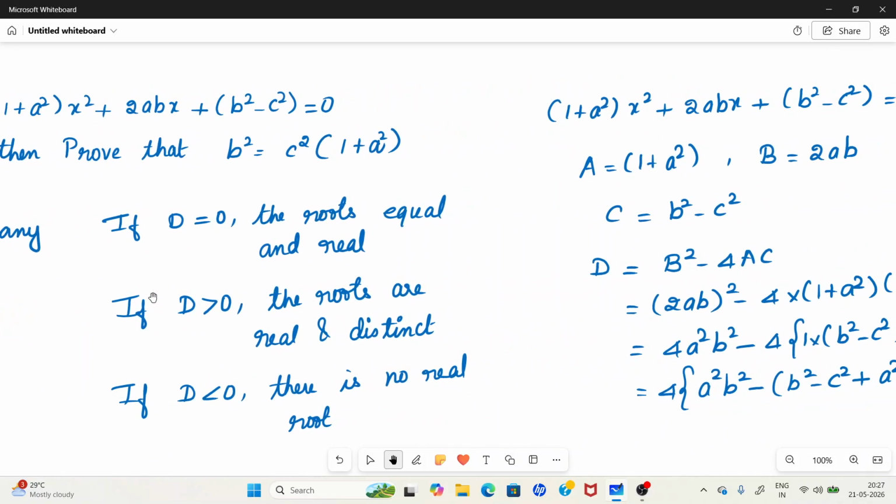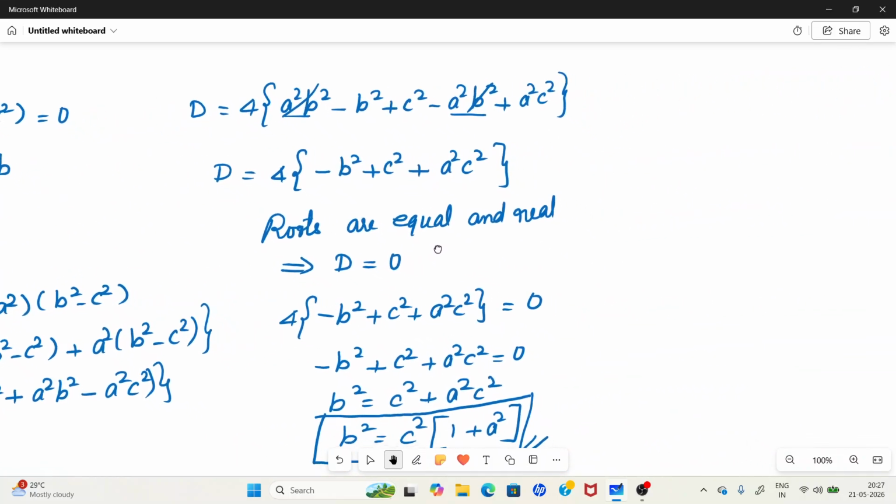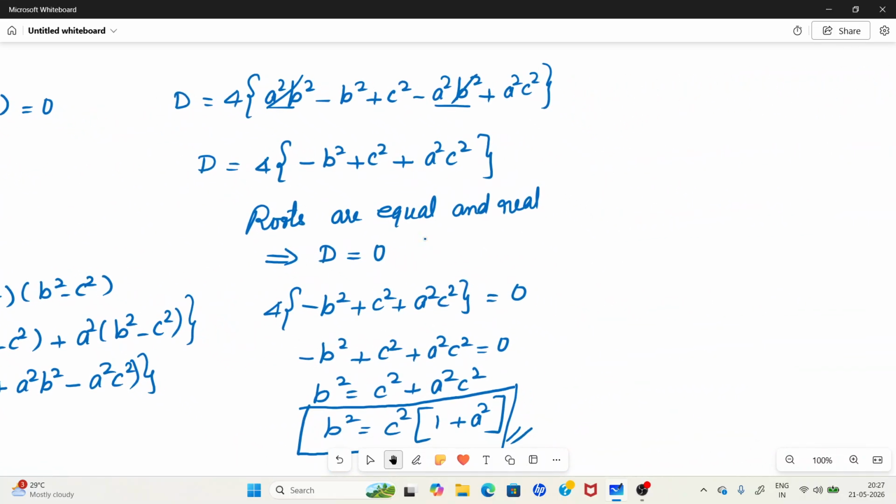So we got this value, b² = c²(1 + a²). So hence we have proved. Okay, thank you.